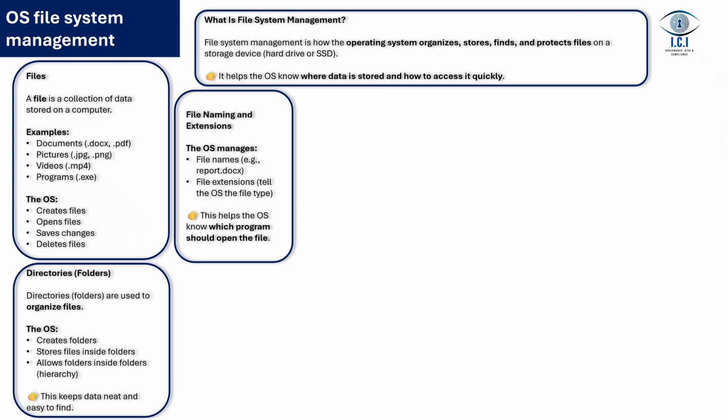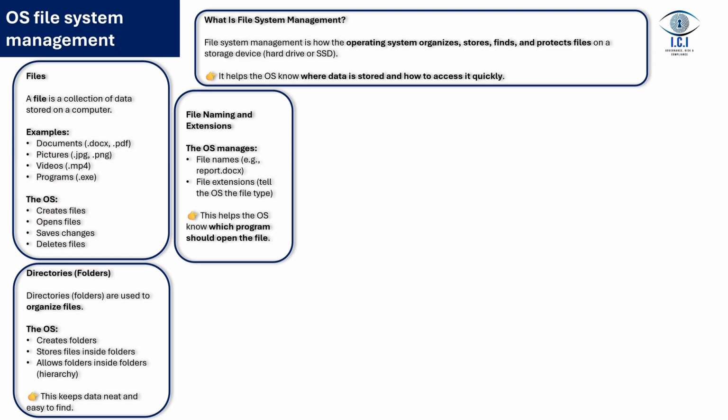So we have .docx, we have .pdf, we have .xlsx, that is for Excel. We have JPEG, that's JPG, that is for pictures, and so on. We have so many file extensions.